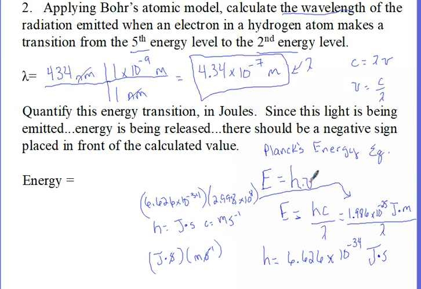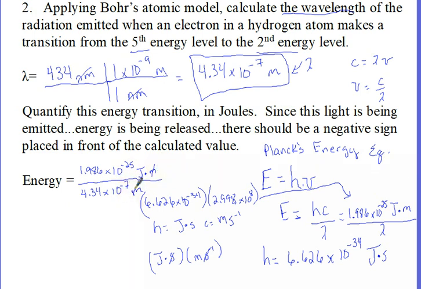So if you're not given a straight up frequency, then you can use this equation, and this top part, if you're working with the speed of light and Planck's constant on top, well, that value is right there. So your energy is equal to 1.986 times 10 to the minus 25 joule meters over your wavelength in meters, which is 4.34 times 10 to the minus 7 meters.